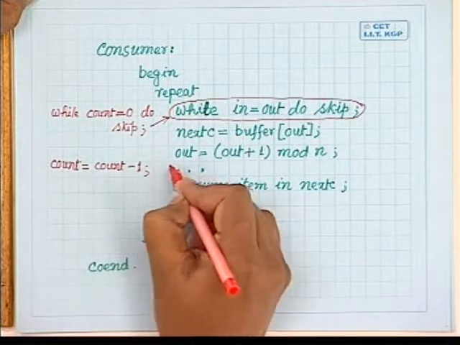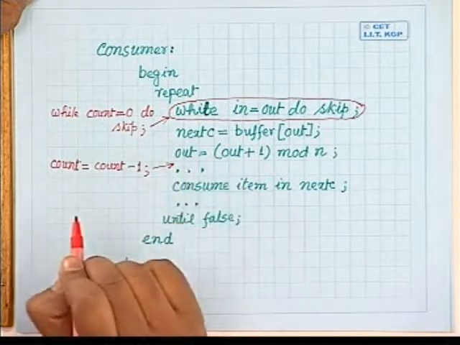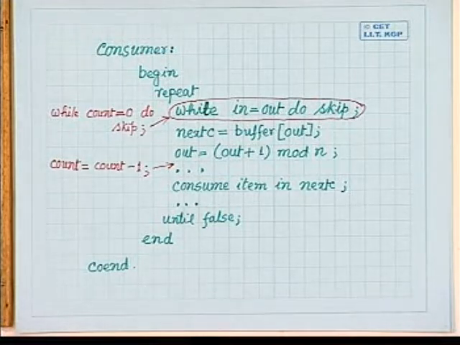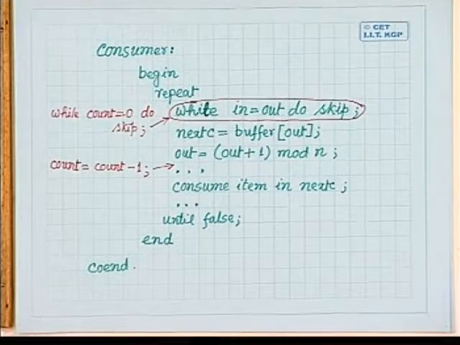This statement has to be inserted here. In addition, during the variable declaration, obviously we have to declare the count and initialize the value of count to 0. If I make this slight modification, then you see that we can make use of all the n locations in the buffer.